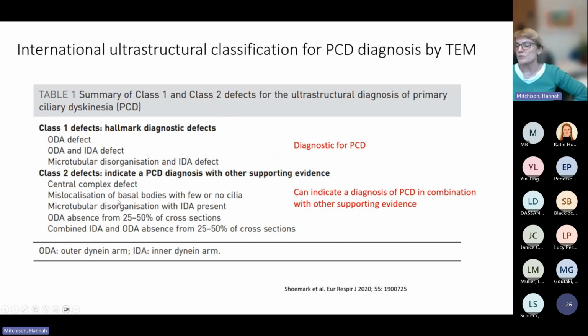So we get this slightly more subtle spectrum of defects that can indicate a diagnosis of PCD in common with other supporting evidence, and other supporting evidence can include genetics.